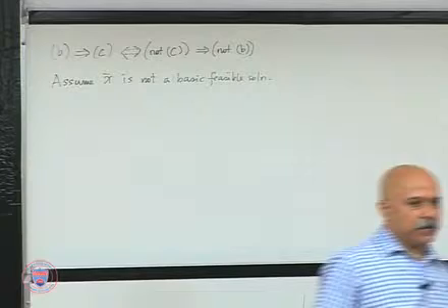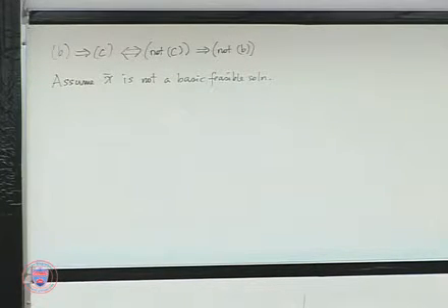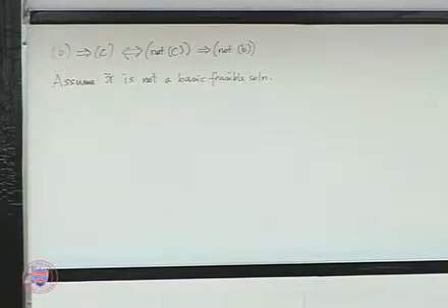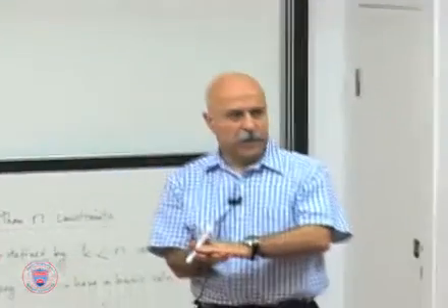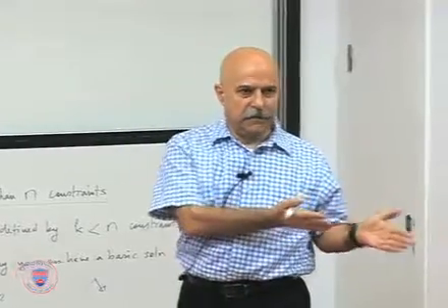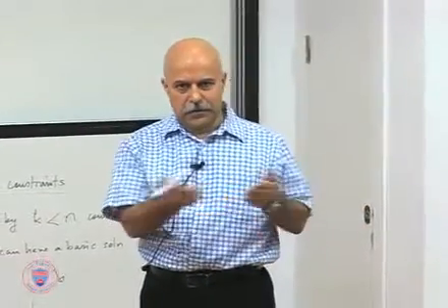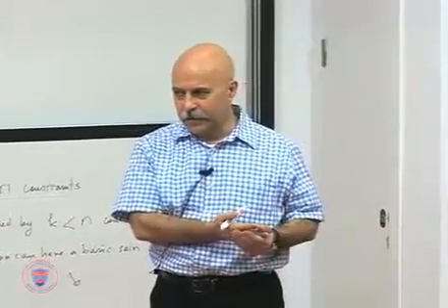So if it's not a basic feasible solution, there are two possibilities. Either you have n linearly independent constraints which give you a unique solution, X bar, but X bar is not feasible. It's outside. Okay? So it's basic but not feasible.